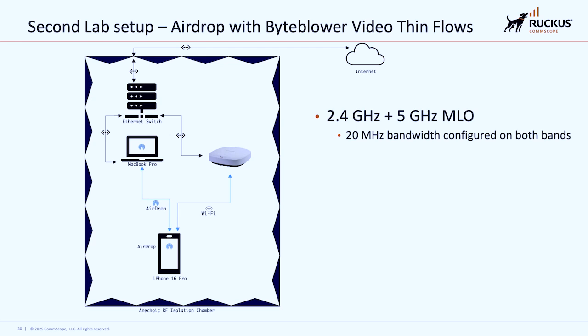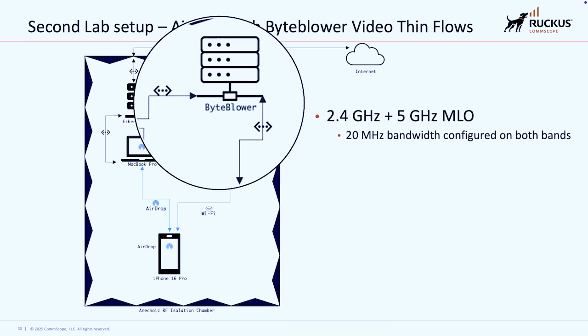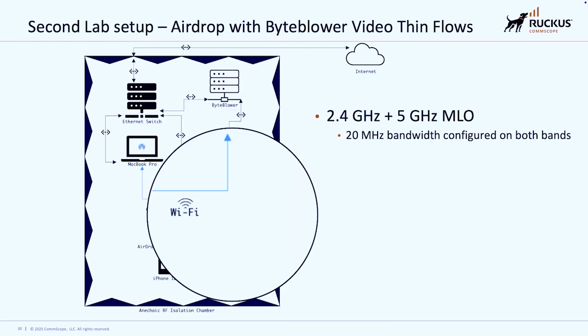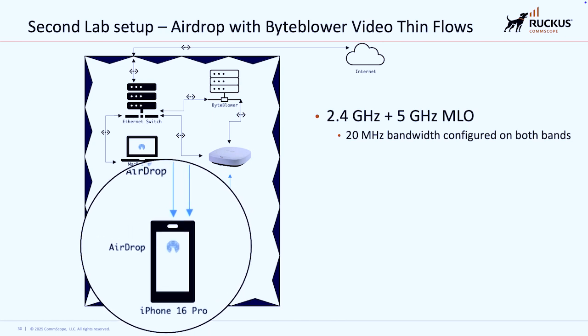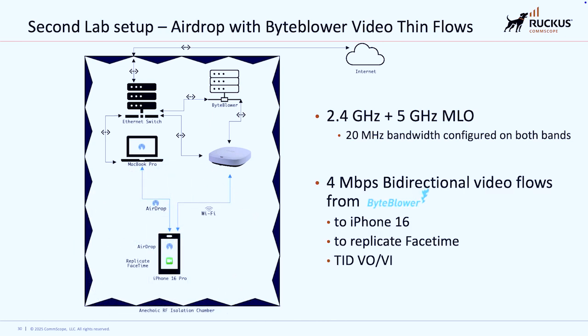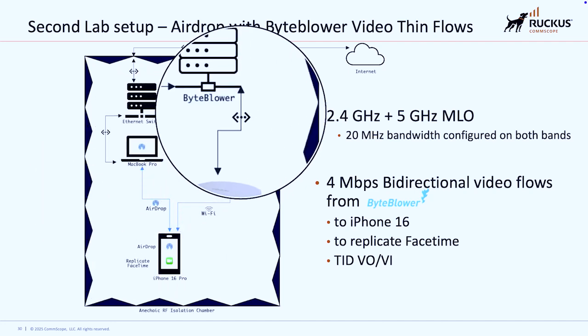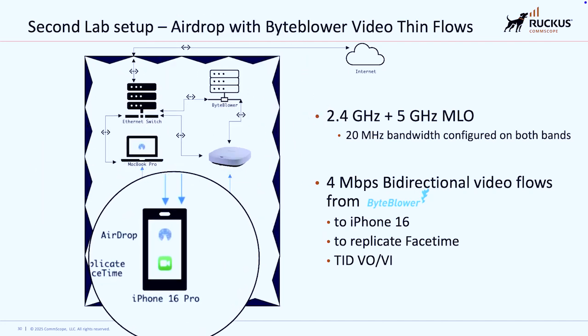So we have the very same setup that we had on the previous test in this lab, except that we added this ByteBlower system here. And we added a client of ByteBlower into the iPhone. And then we generate a bidirectional 4 megabit stream, prioritized as voice video, from the ByteBlowers to the system here.